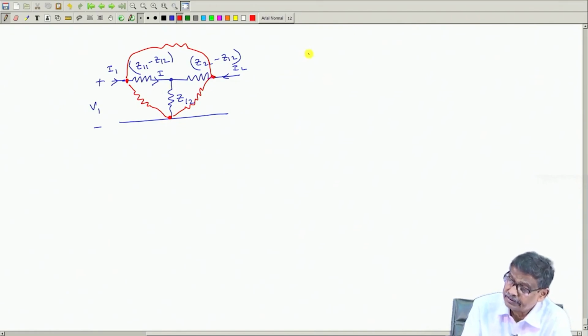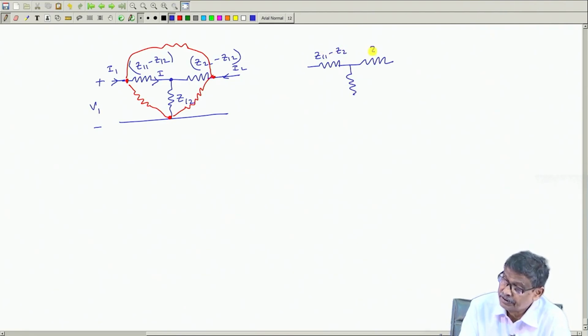So, this star connected network, that is these three, is Z11 minus Z12, Z22 minus Z12, and this is Z12.